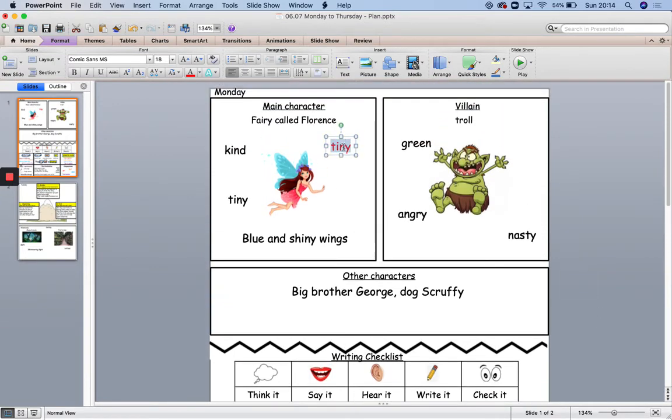So she is going to flutter. When she's going through the woods, I might have Florence stroll. That was one from down at the bottom, but I'm going to borrow it because I think it's a lovely one. And the troll.